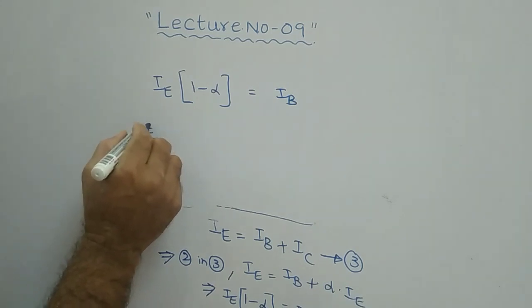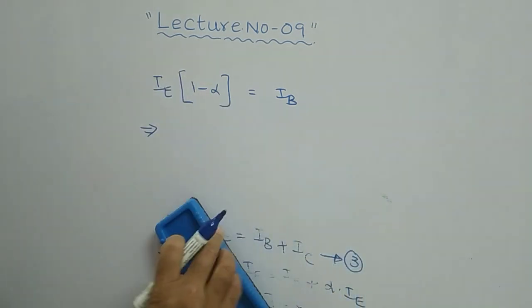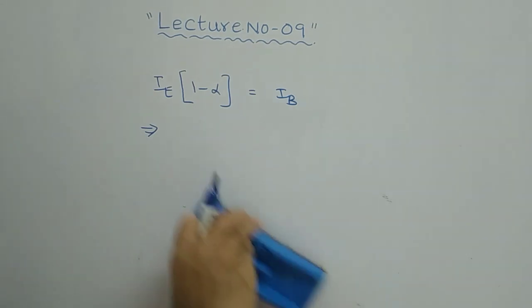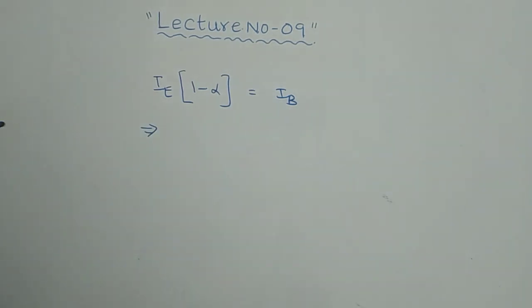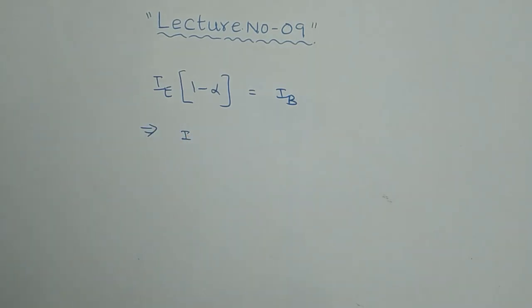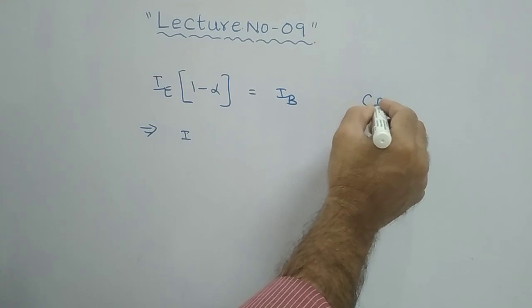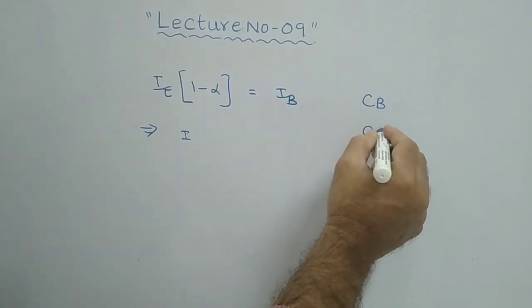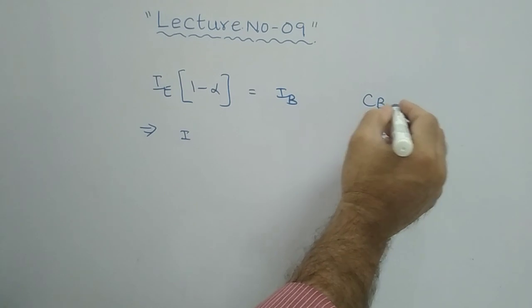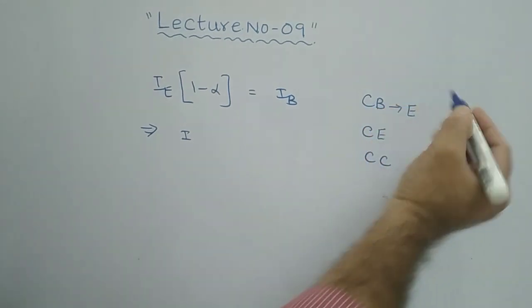Then what you will get from here? IB by IE you can write, or otherwise output by input, because here there are 3 configurations basically, CB, CE and CC. In CB configuration, the emitter is taken as input and the collector as output.